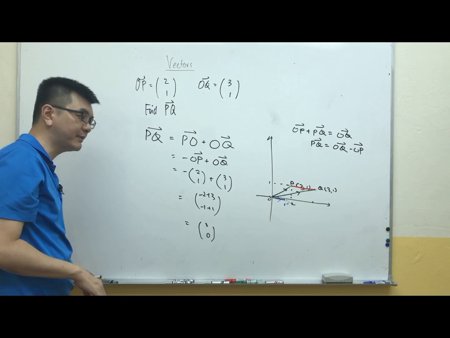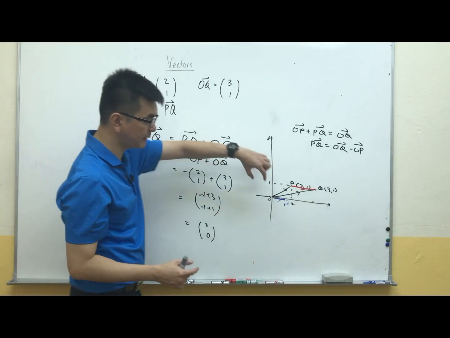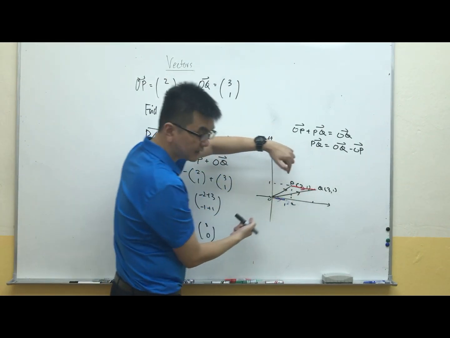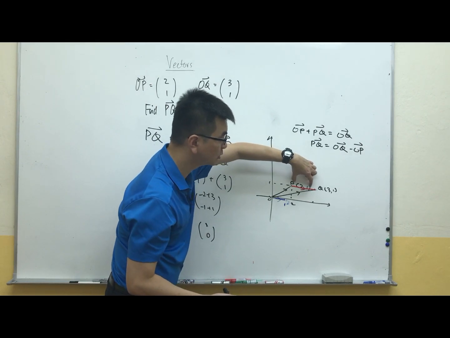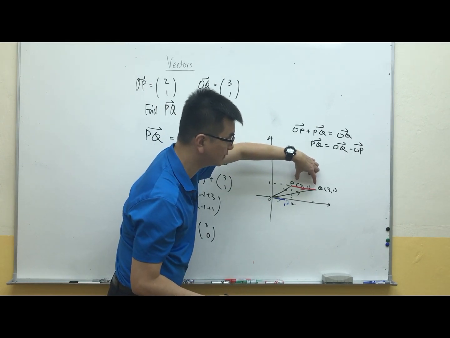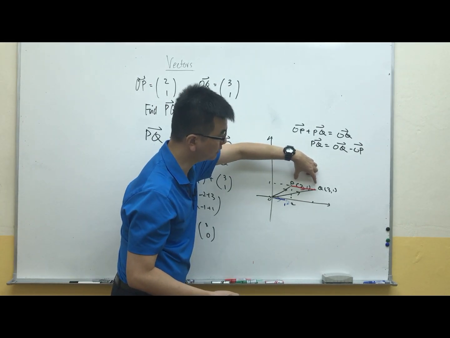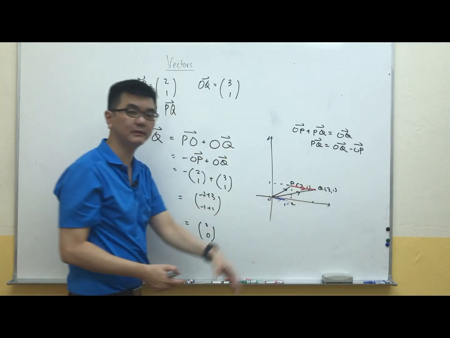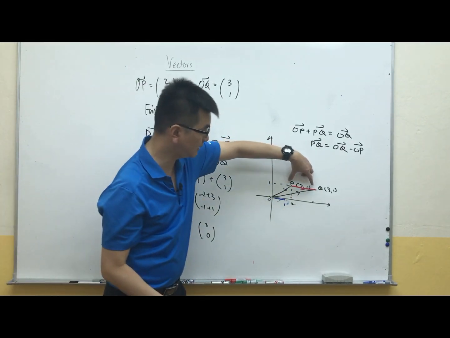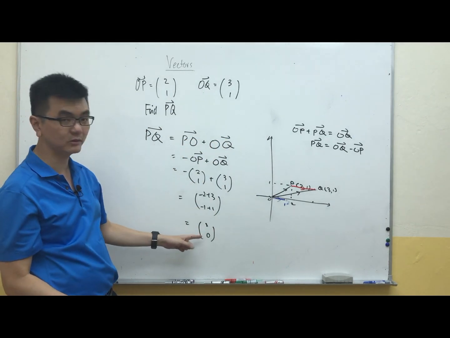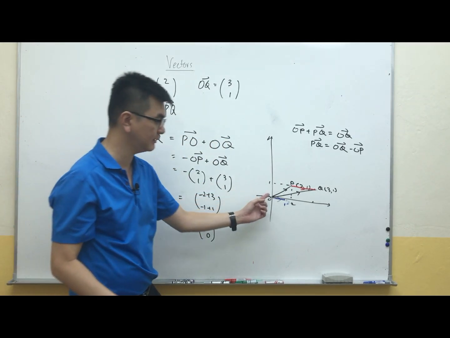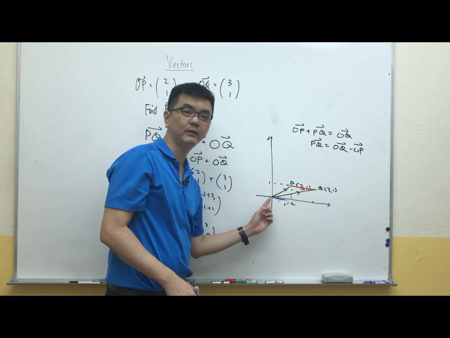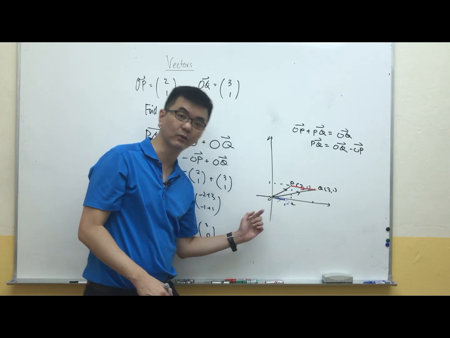I can say that they are the same because the direction is the same, parallel to each other, and the magnitude is the same. The magnitude here is 1 unit, and the magnitude here is 1 unit as well. Therefore, PQ as (1, 0) is actually a vector that is placed with the starting point at O.